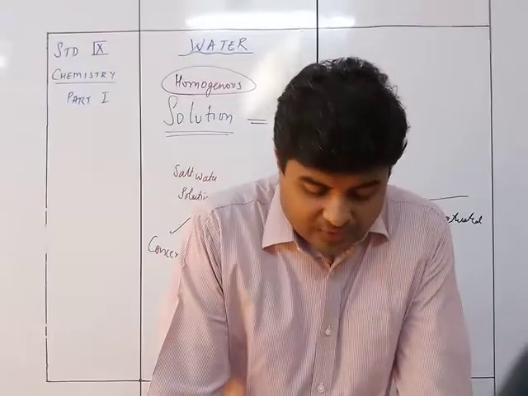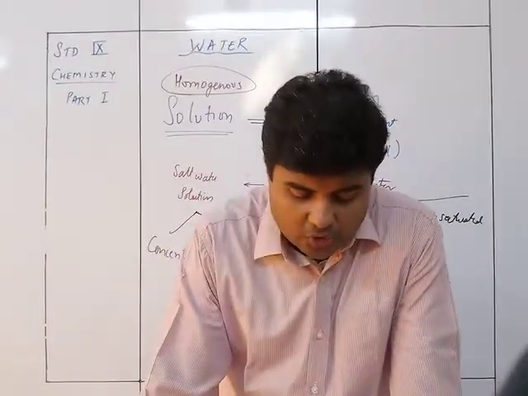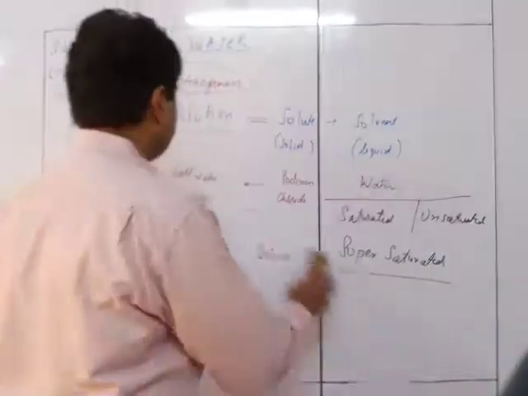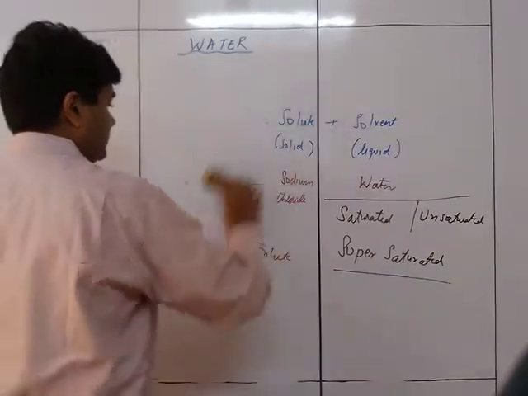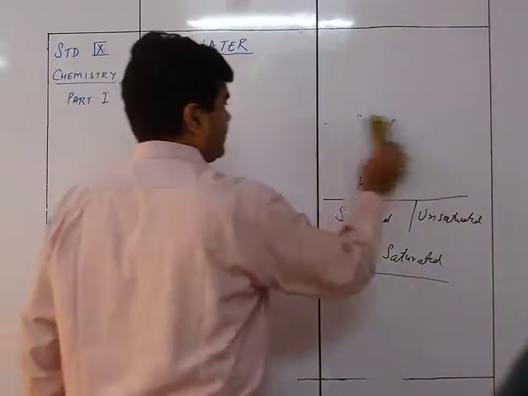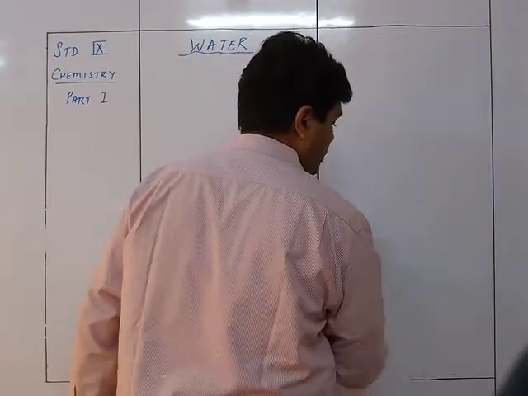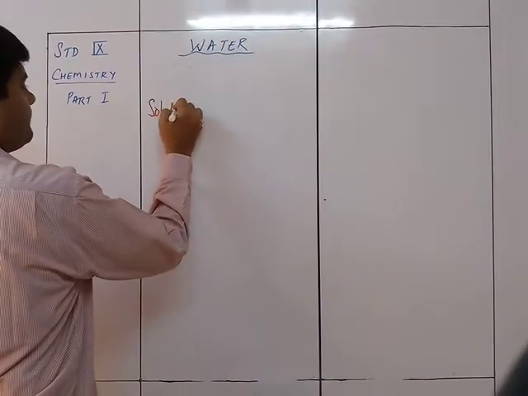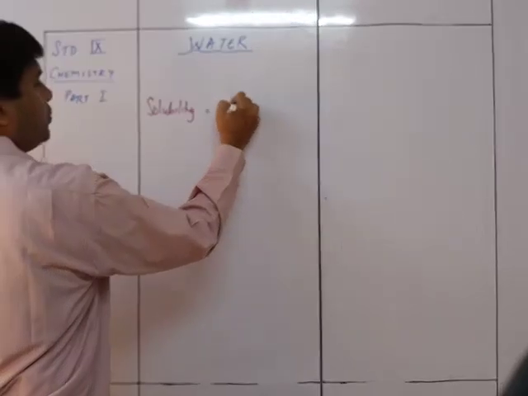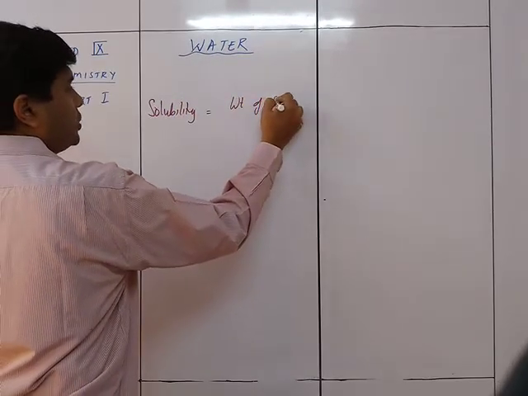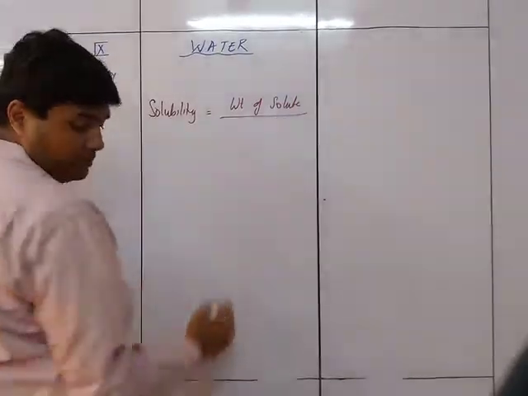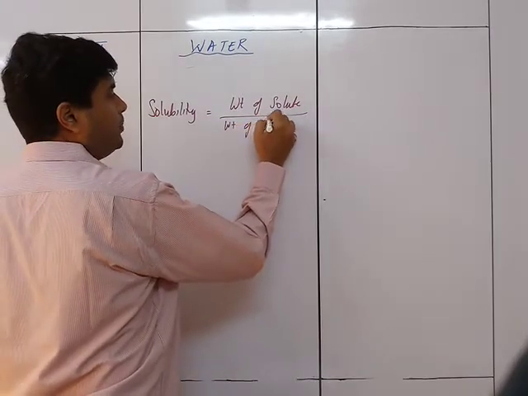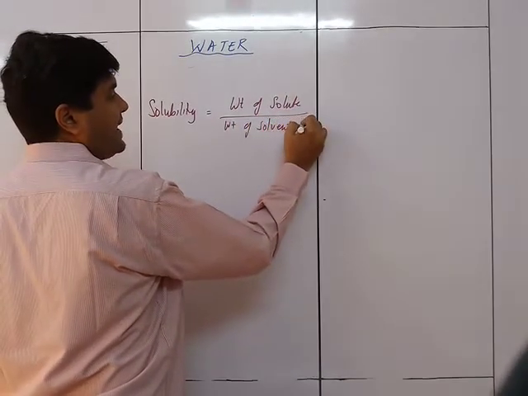Solubility of the solute at T degrees Celsius will be given as weight of the solute upon weight of solvent. So solubility is equal to weight of solute upon weight of solvent. Now both these weights are in grams.